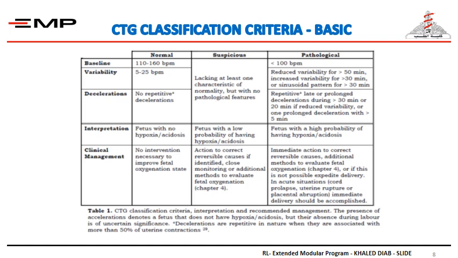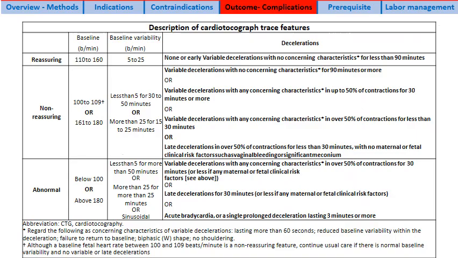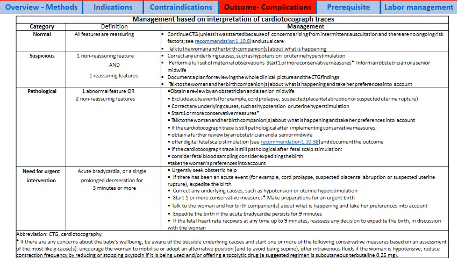Discussion for the outline will be carried out in the face-to-face session. The following slide describes the latest CTG trace features. The following slide shows management based on interpretation of the latest CTG traces.